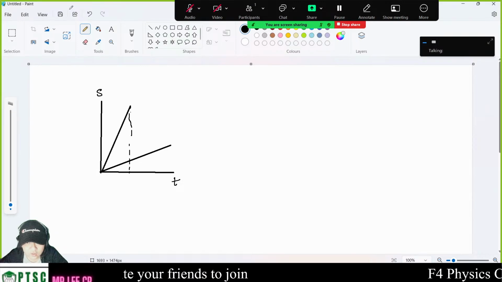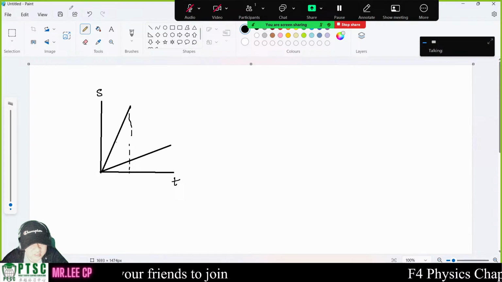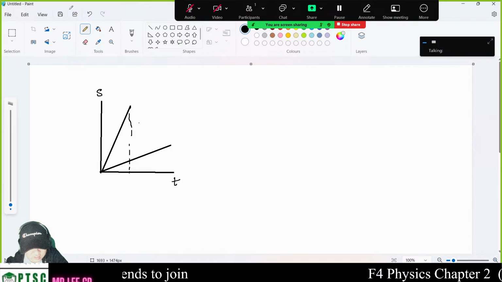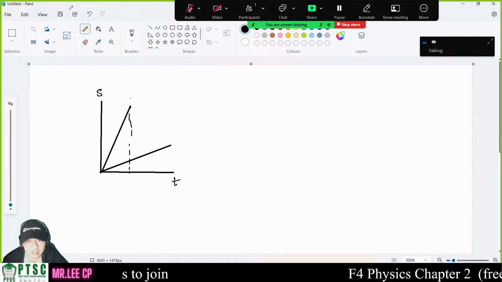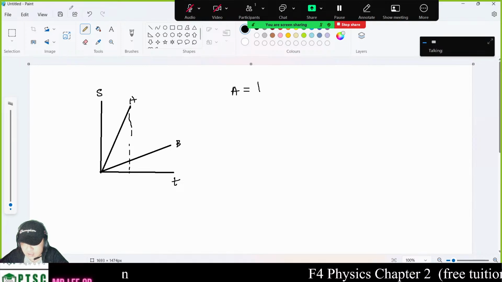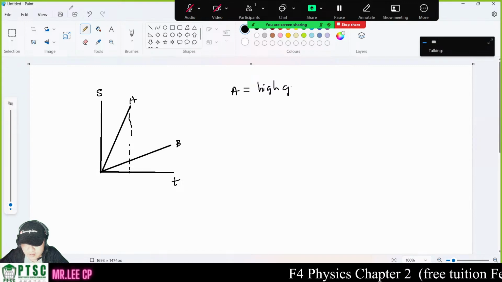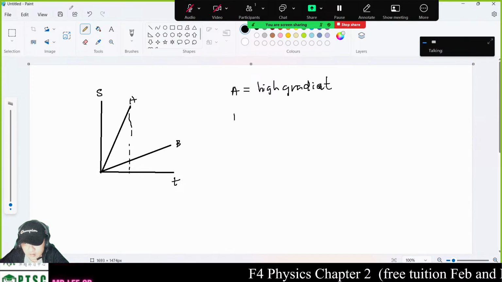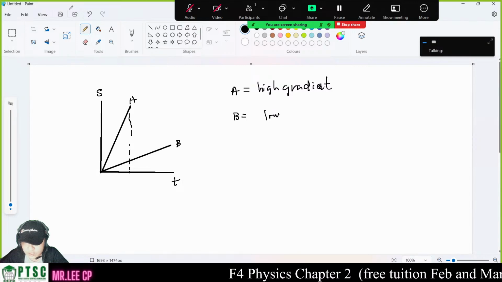This one is steep. The gradient is steep, 它的斜度很斜. So meaning that this gradient is high. A, high gradient. B, low gradient.